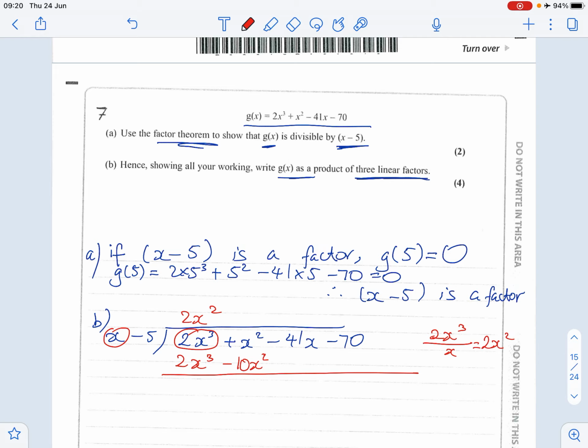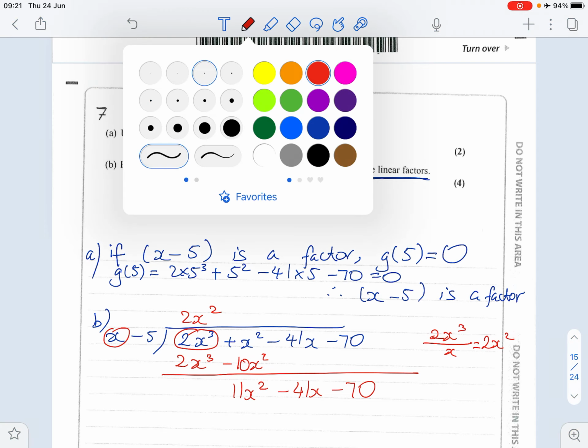Then we're going to subtract. So 2x cubed minus 2x cubed is 0. x squared minus minus 10x squared becomes 11x squared. Then minus 41x minus 0 is just minus 41x, and minus 70 minus 0 is just minus 70.